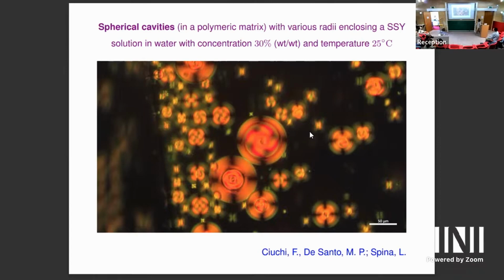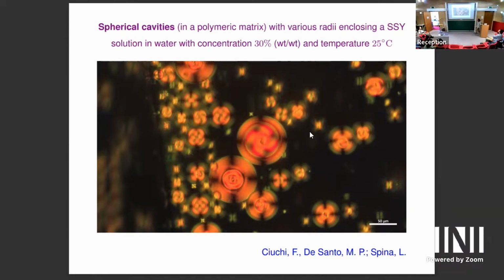And as we can expect from the smallness of the twist elastic constants and from the fact that the data for the SSY in these physical conditions fall in the region of instability of the radial hedgehog, we see the appearance of the inversion ring.